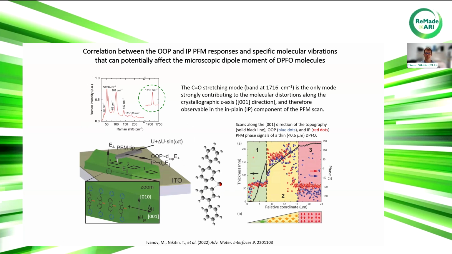This mode strongly contributes to the molecular distortion along the crystallographic axis C, the 001 direction, and therefore it's also observable in the in-plane component of the PFM piezo scan, which is depicted here by the red dots. So this was a correlation with the SPM scanning probe microscopy results.